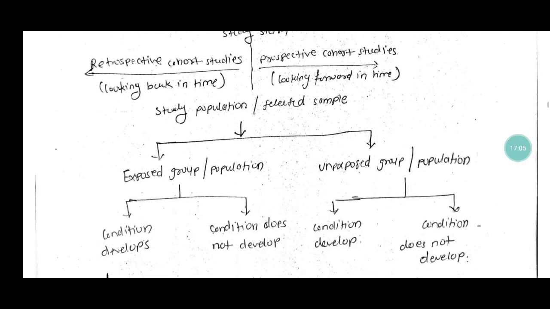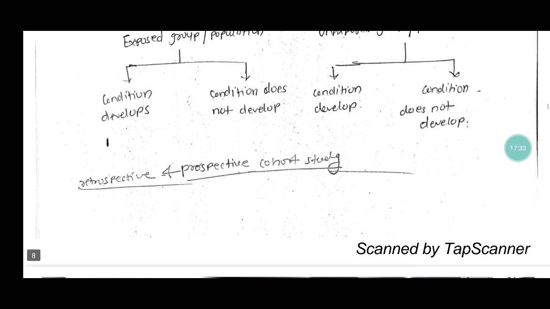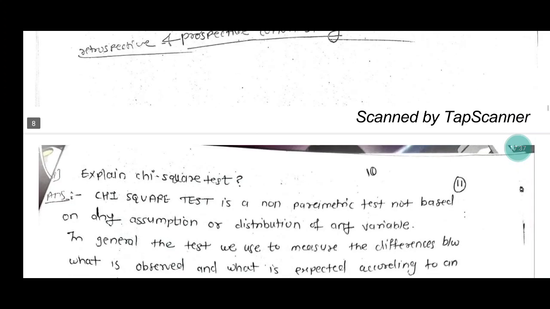The study population or the selected sample is divided into two groups, the exposed group and the unexposed group. The exposed group is divided into two types, condition develops and condition does not develop, and the unexposed group is also divided the same way, condition develops and condition does not develop, in the retrospective and the prospective cohort studies.